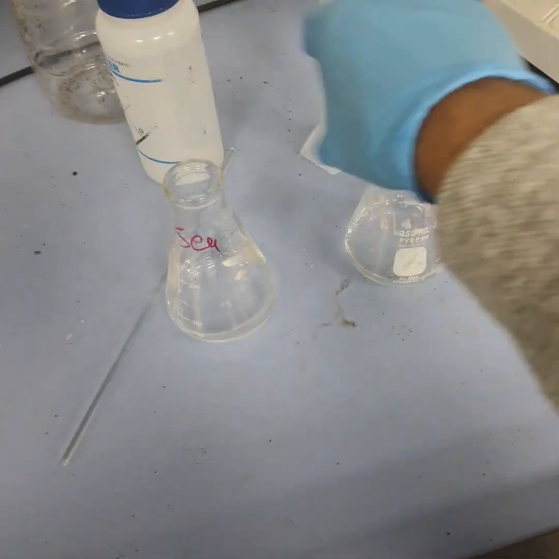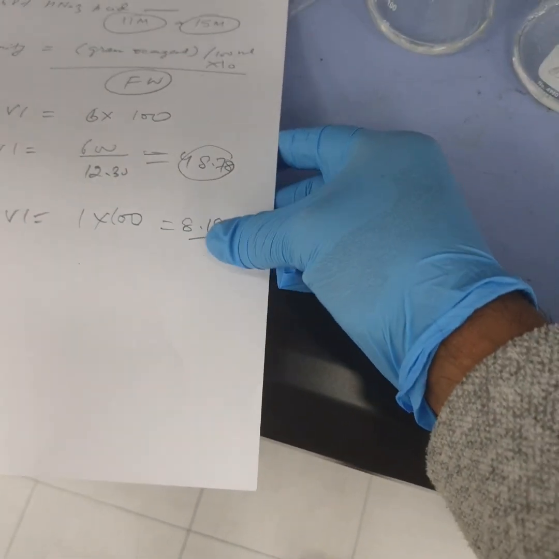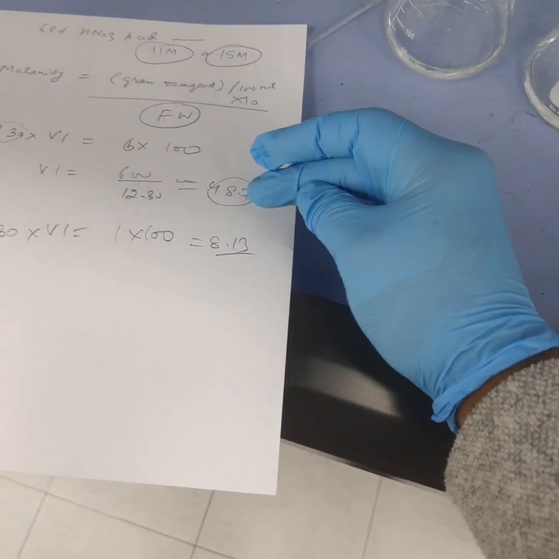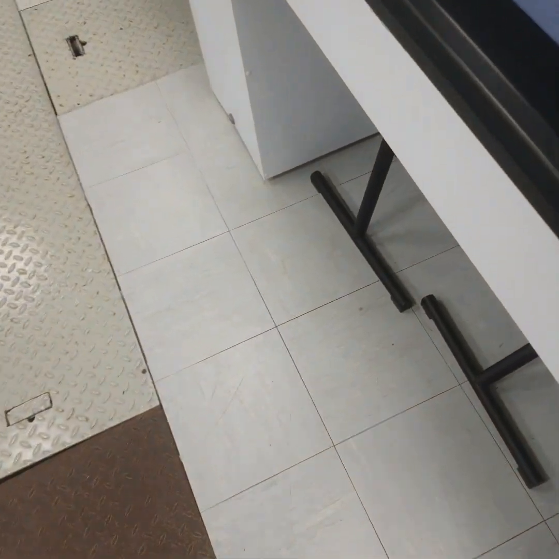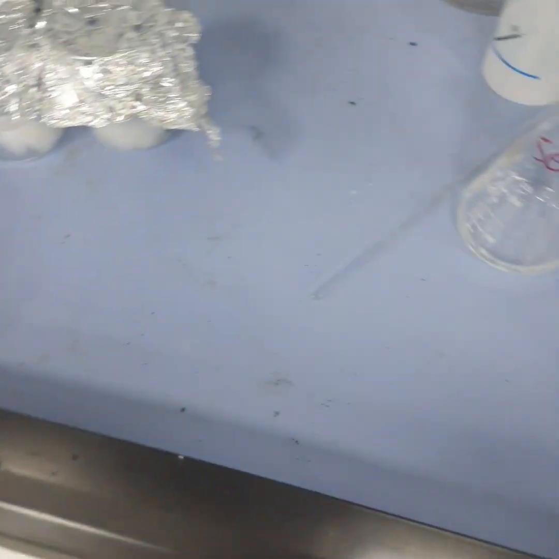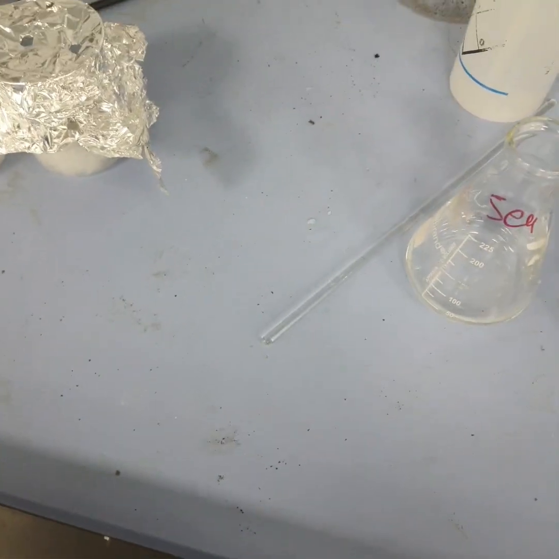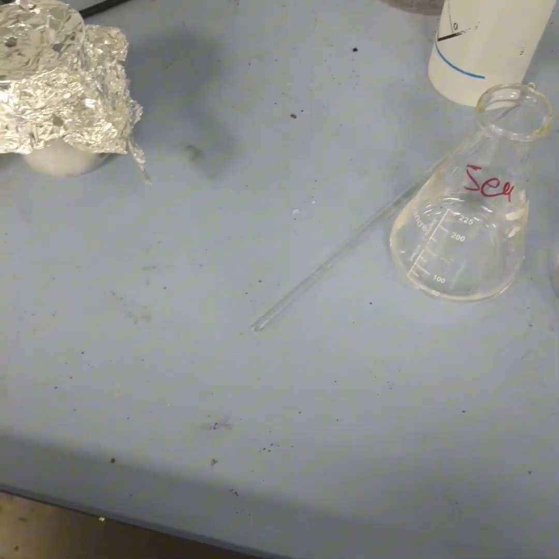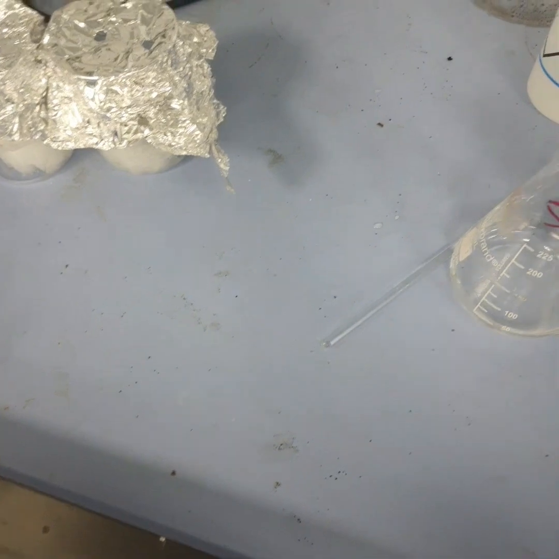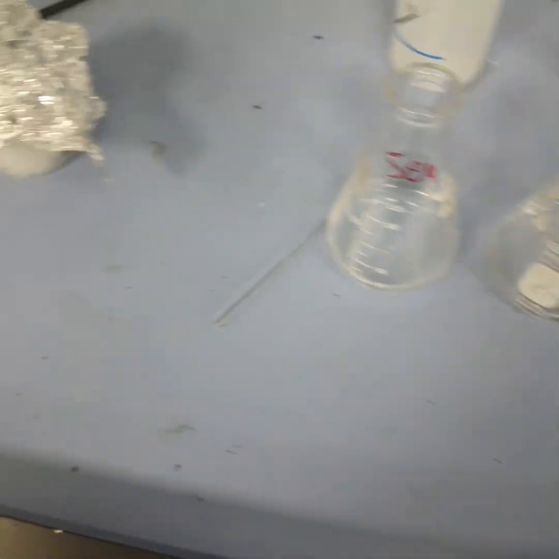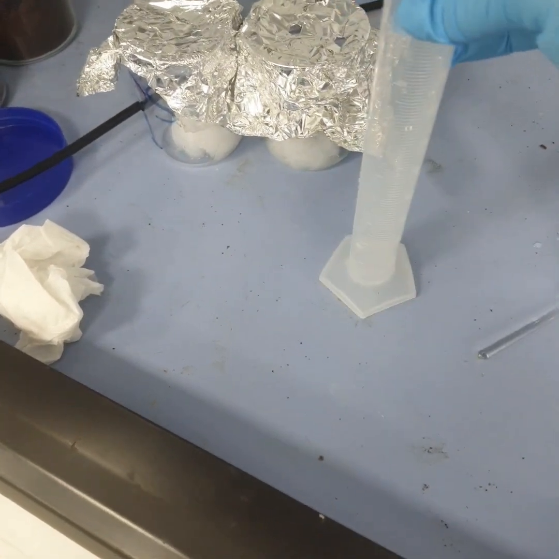Now the total water volume is 100 ml. I would be adding 8.13 and the other one 48.78. In this case we have to use the micropipette, because this is 8 ml plus 0.13 ml, so around 130 microliters. We will be using the graduated cylinder plus the micropipette.